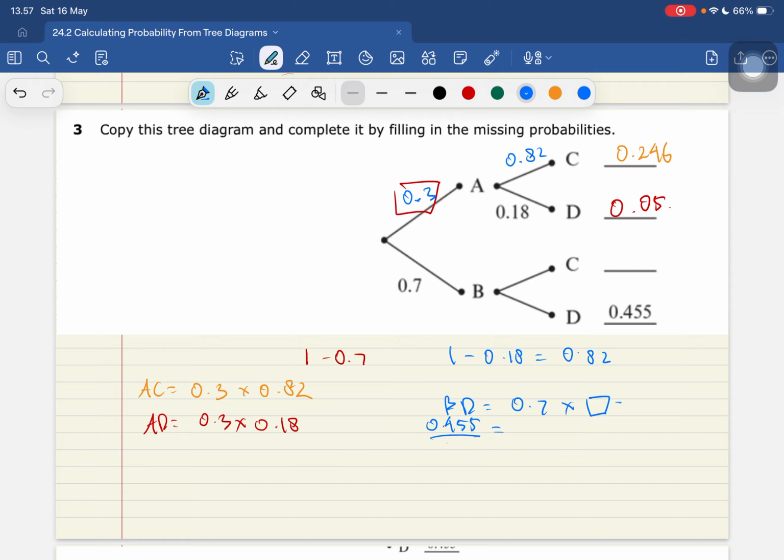We divide by 0.7, and so we got the probability of 0.65, and 1 minus 0.65 is 0.35. We can just multiply to get BC: 0.7 times 0.35. This is equal to 0.245.